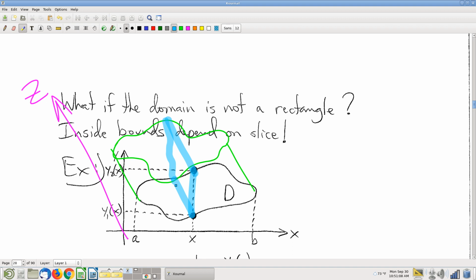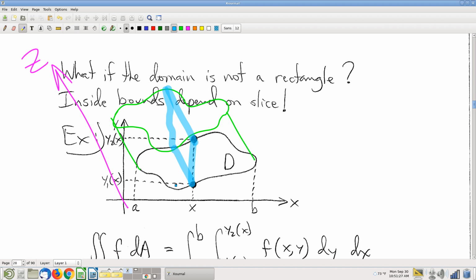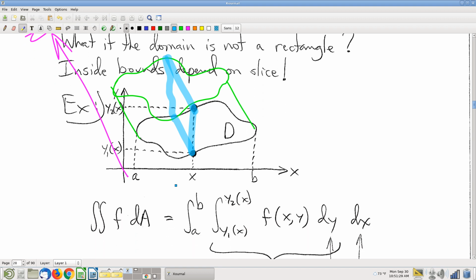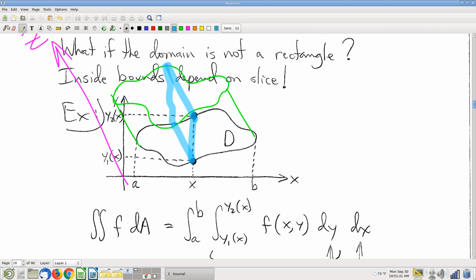That cross-sectional area is still an integral of height times length. Everything goes through the exact same way. Hardly anything changes. In fact, you may be wondering, does anything change at all? Only one little microscopic detail changes. That's the really good news. The one little thing that changes is the bounds, the inner bounds. There's nothing else changes at all.